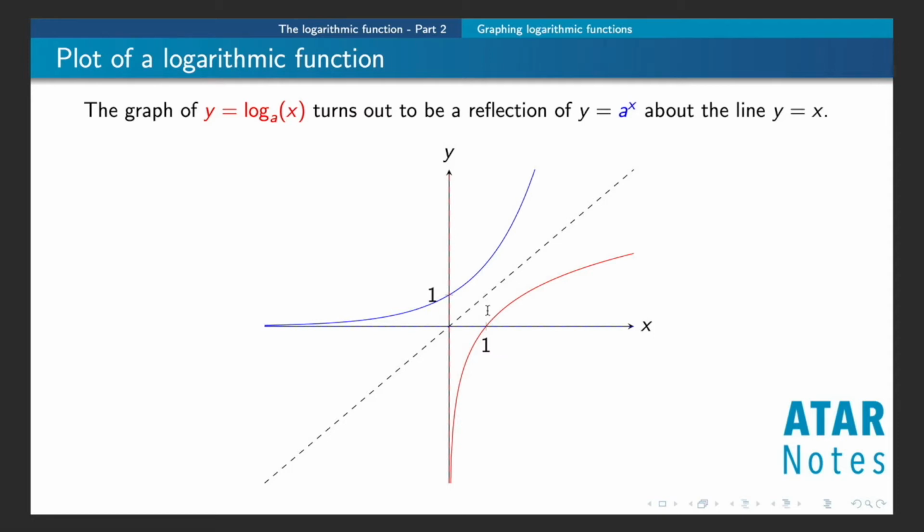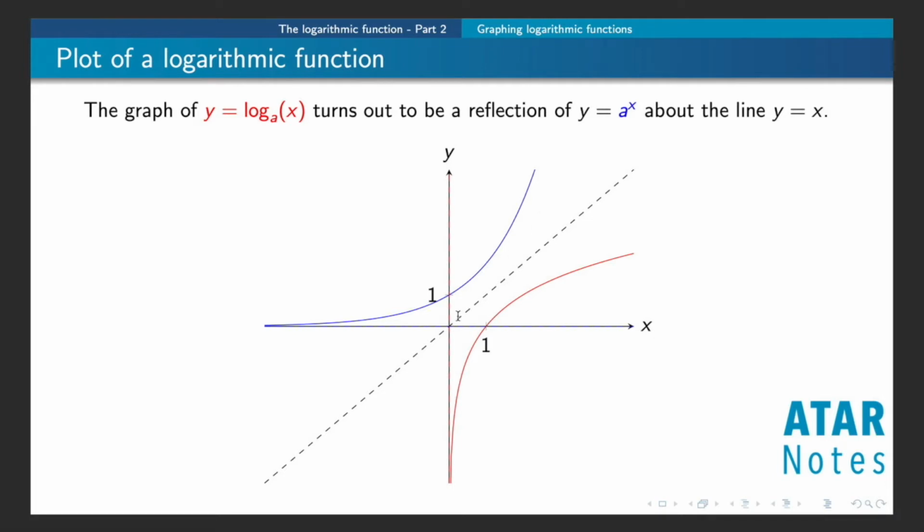Now, is there a reason as to why this happens? Yes, there is. Basically, the trick is reliant on inverse functions, but don't worry too much about that. When you do this reflection, what you'll notice is that for the log curve, instead of having a y-intercept at 1, you'll now have an x-intercept at 1. Instead of having an asymptote along the x-axis, you now have an asymptote along the y-axis. And furthermore, the domain of the exponential was all real x.